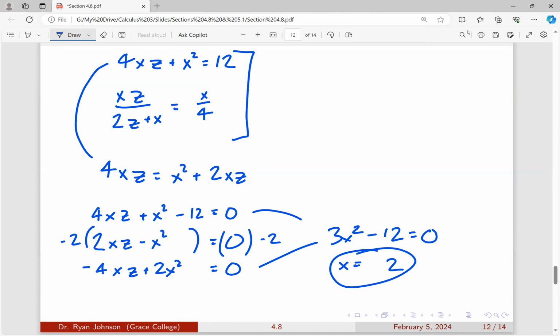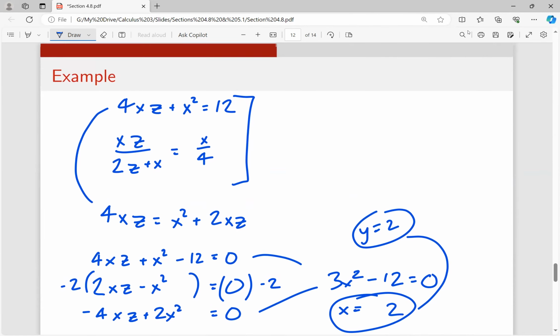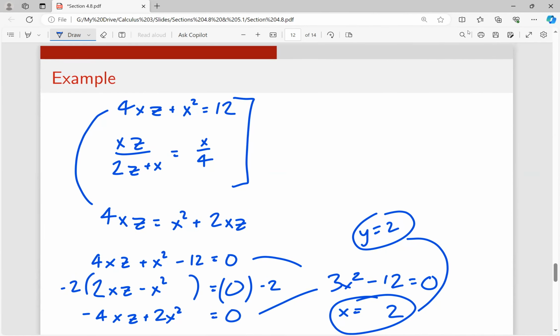And if x is 2, then that means that y equals 2. And then if x is 2 and y is 2, then go back to whatever function we have that's simplest with z, maybe this one, and say, okay, well, x is 2, so then 8z plus 4 equals 12.